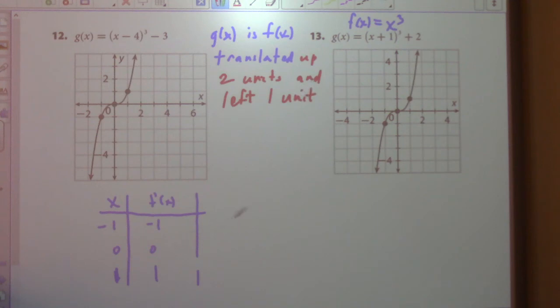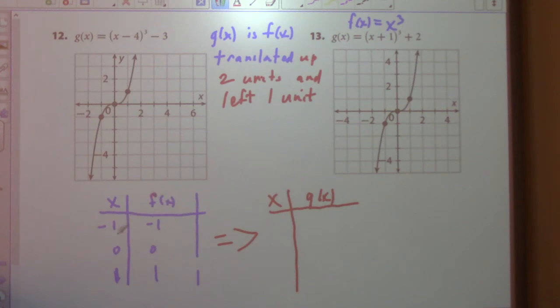And so now, how's that going to change our x, g of x? What do we do to these things here? Which one do you want to translate first, the x's or the y's?